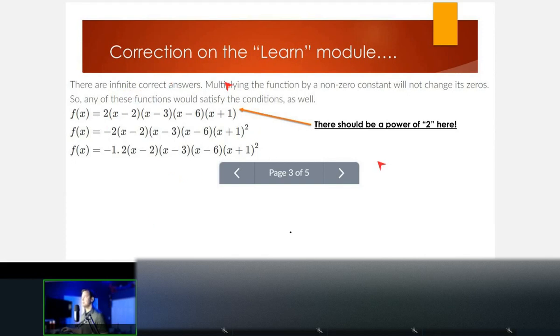So somewhere in the module when they talk about this example, they forgot the little 2. In their example, there should be a 2 right here, in their flow of work. After this first step, they do fix it and stick it back there, but there should be a 2 right here.